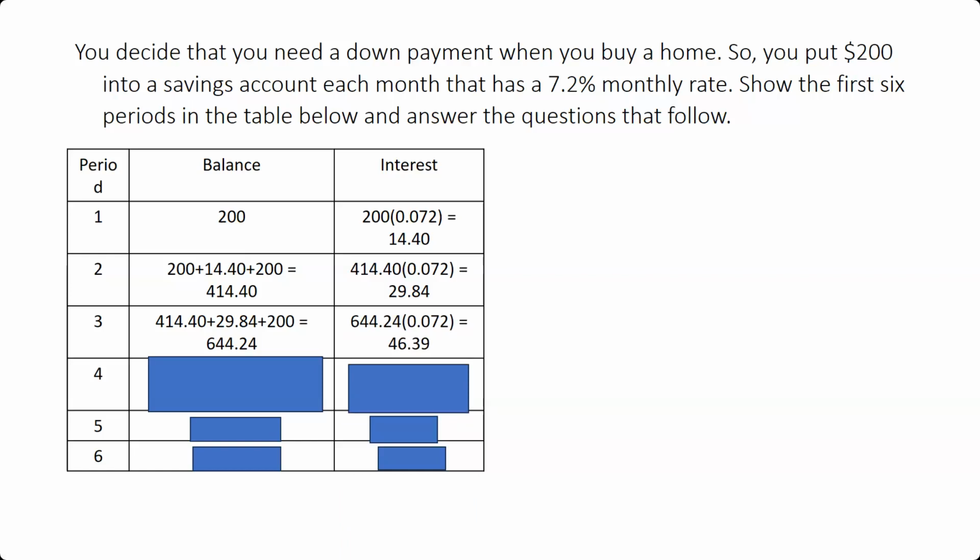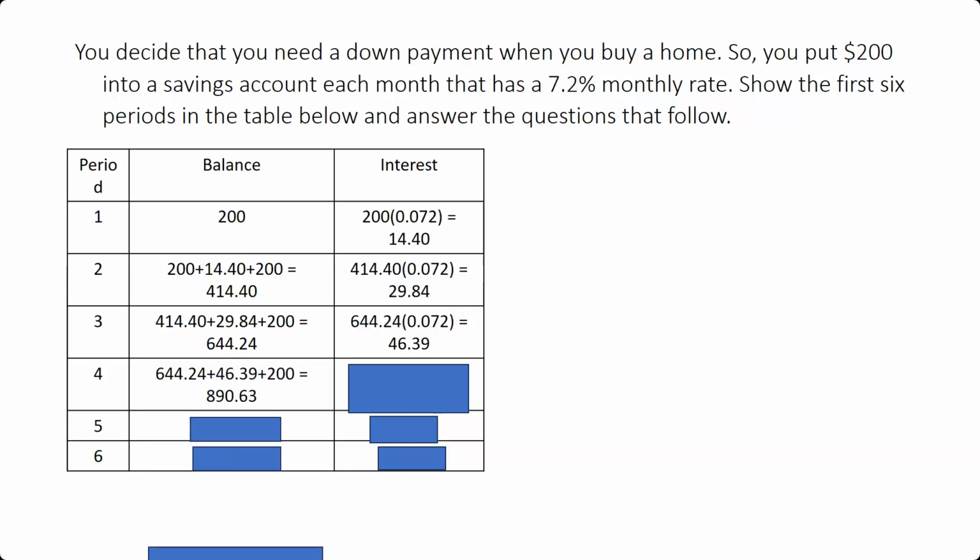Go ahead and do the next three. We're getting 890 some.